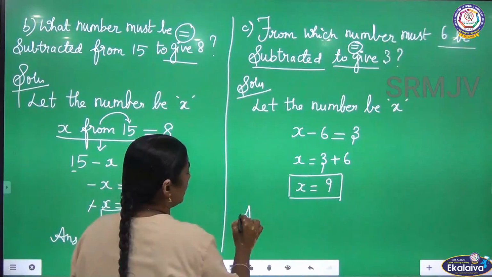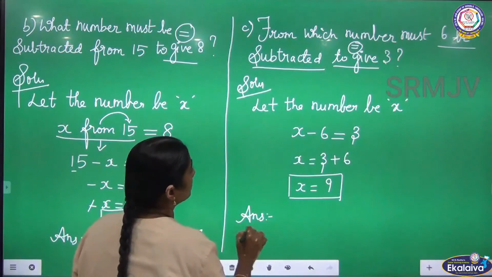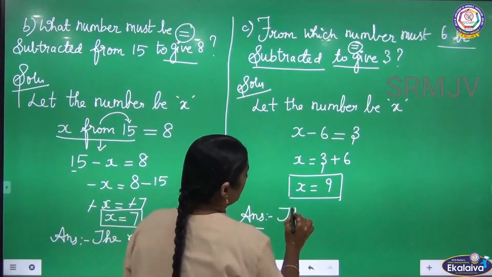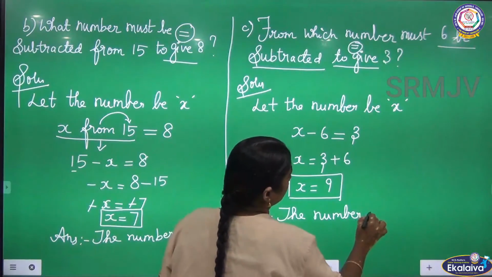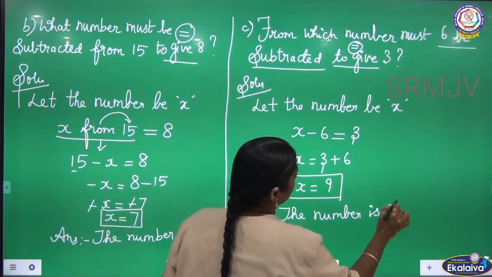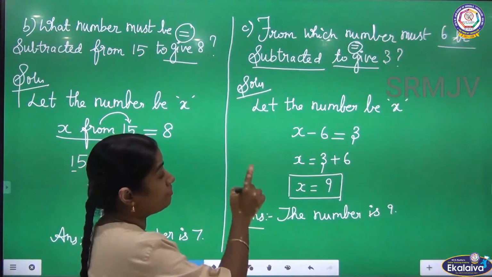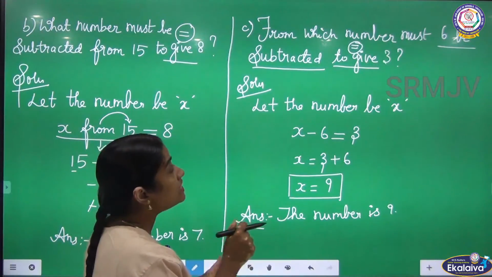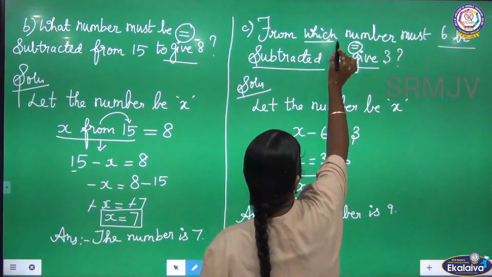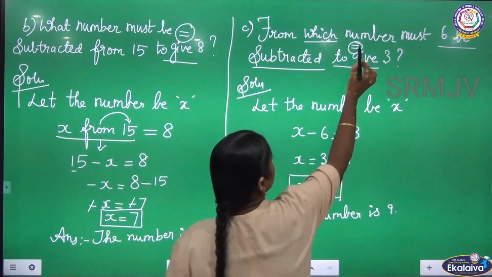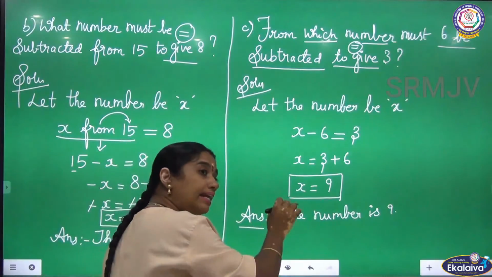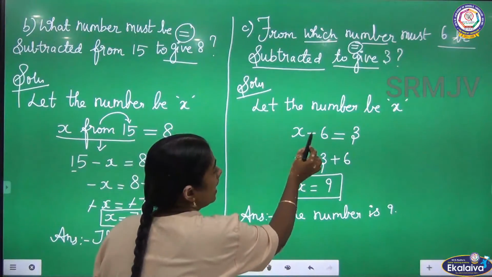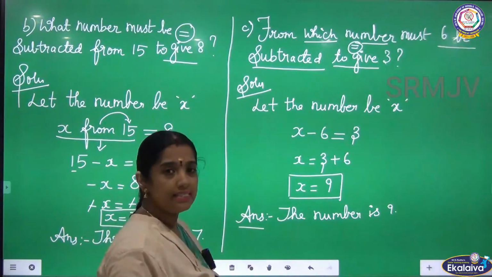Now I am going to write the answer. What is the answer? The number is 9. Can you clear this, children? See, from which number? This number is a question mark for me. So I have written x, and 6 is subtracted from that number, so I have written minus 6.